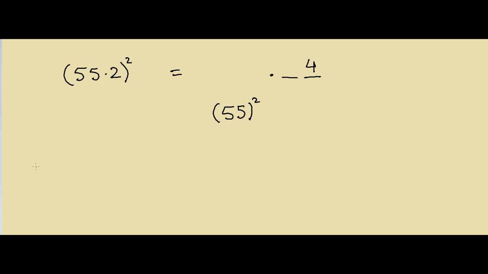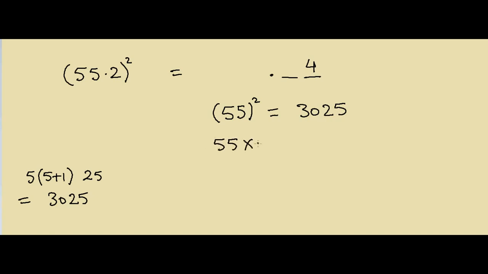As you can remember from our other video tutorial, if I have to do 55 square, I can say 5 multiplied by 5 plus 1 and then 25 in the end. So that will be equal to 5 into 6, 30, and then 25 in the end, so this is 3025. So 55 square will be equal to 3025, and then I have to multiply 55 with 0.4.